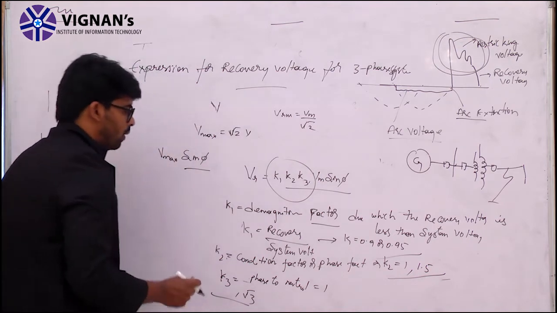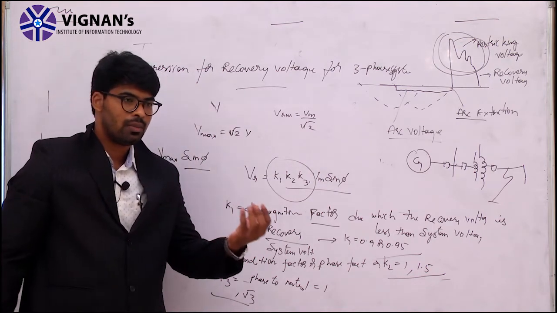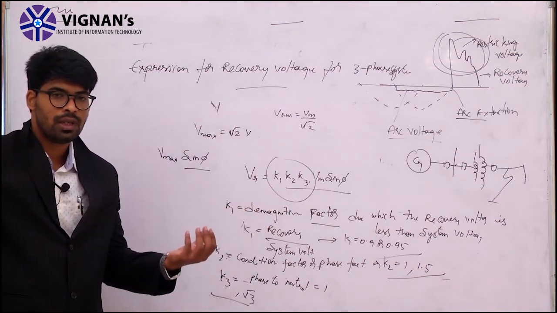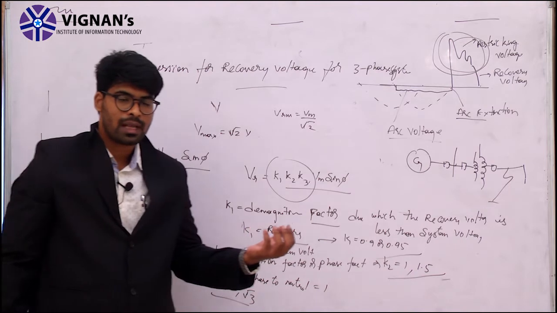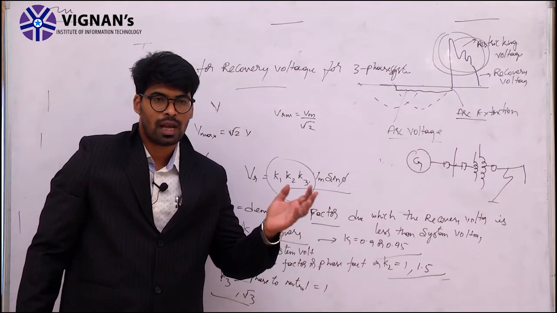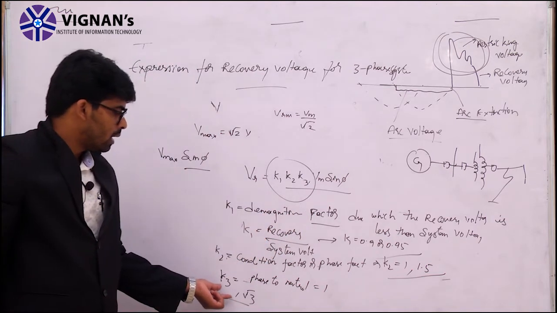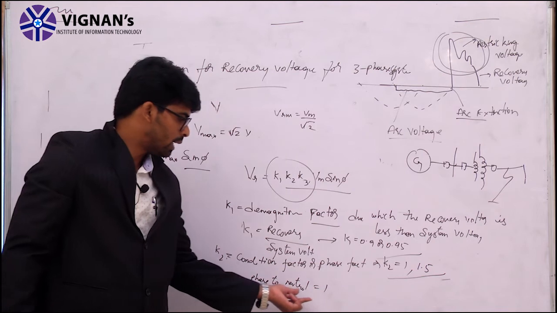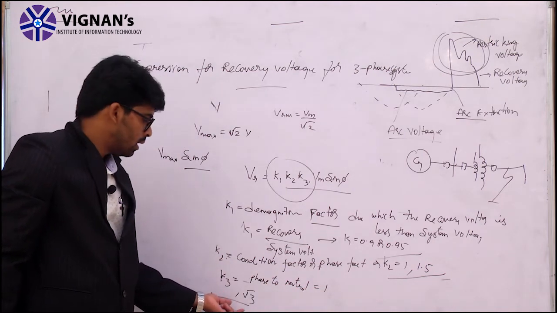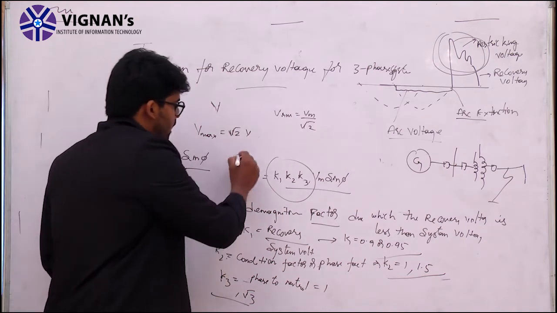As we know, after giving a three-phase system, we convert it into single phase, and after converting into single phase we find the maximum recovery voltage. If three phase is asked, we find it for three phase; if not asked, we find everything in single phase. So for K3, single phase means 1, three phase means root 3. So this is about the recovery voltage expression.